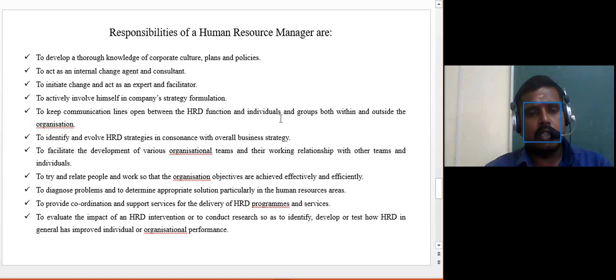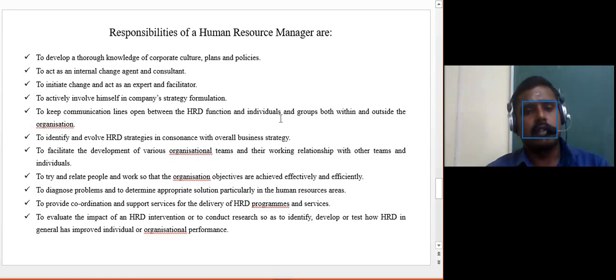So the next thing is, what are all the responsibilities of a human resource manager? Because one human resource manager takes a leading role and performs major things in that particular organization. First, the responsibility of the human resource manager is to develop a thorough knowledge of corporate culture, plans and policies.